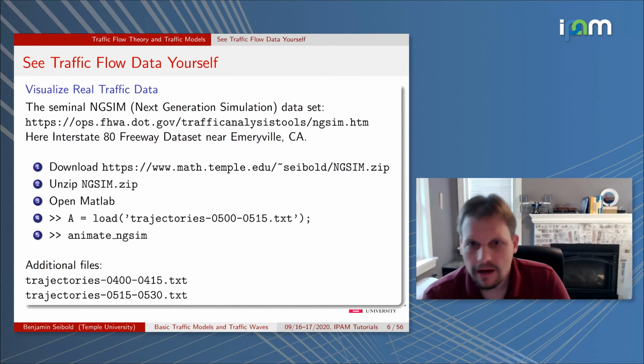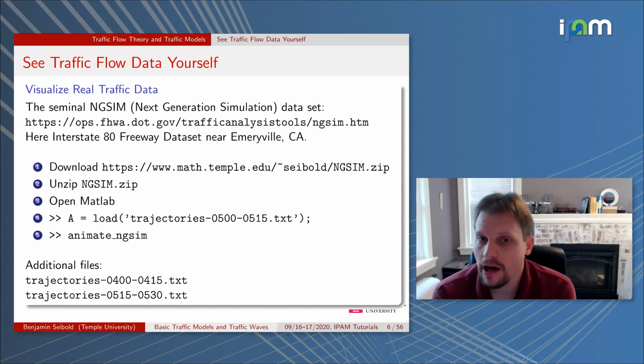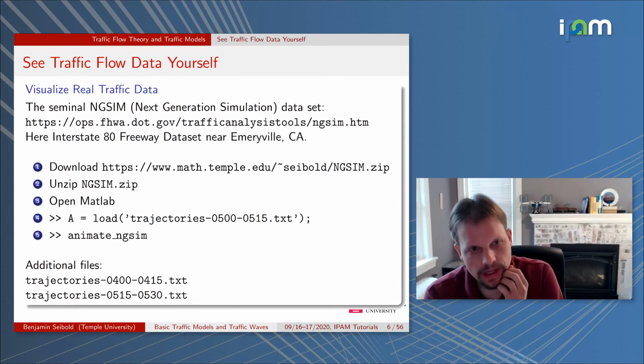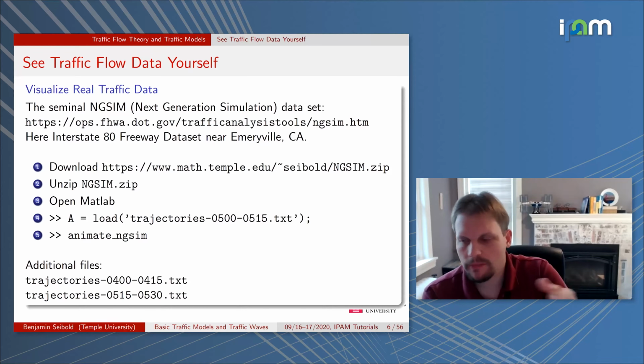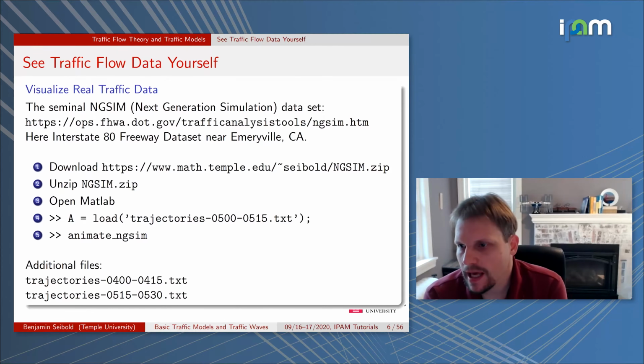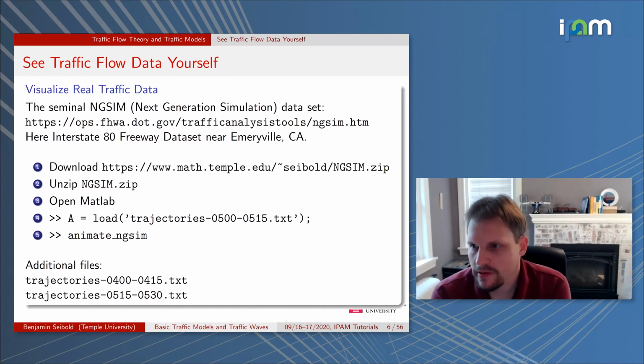The next thing I want to invite everybody to do: I put a link on my website, you see it there. If you copy it over to your browser, you can download this data set. This data set is not by me, okay? This is the seminal NGSIM data set. It's quite aged, it's been around for definitely a decade. The data set I put there is three 15-minute slabs from Emeryville, California, recorded with camera systems and data processing.